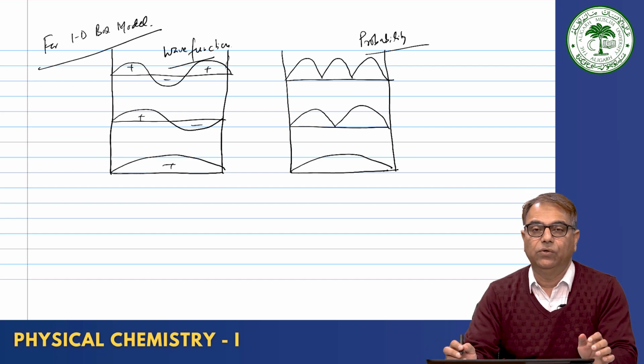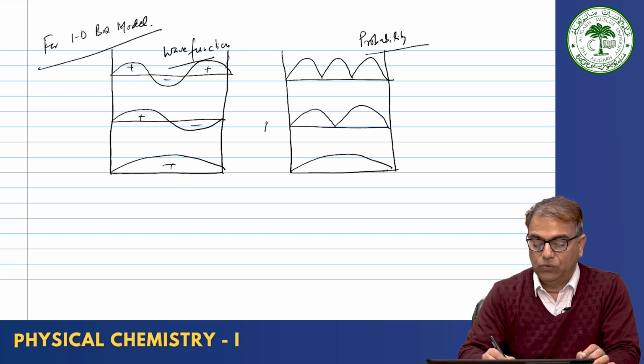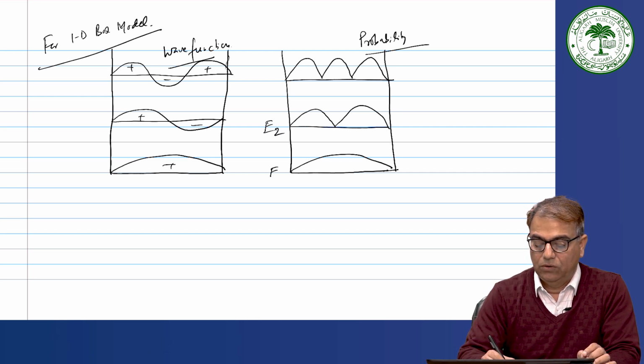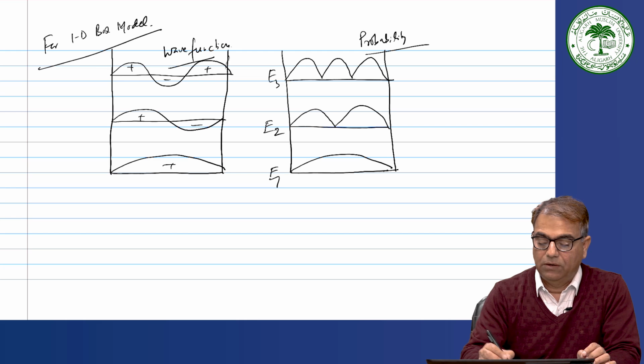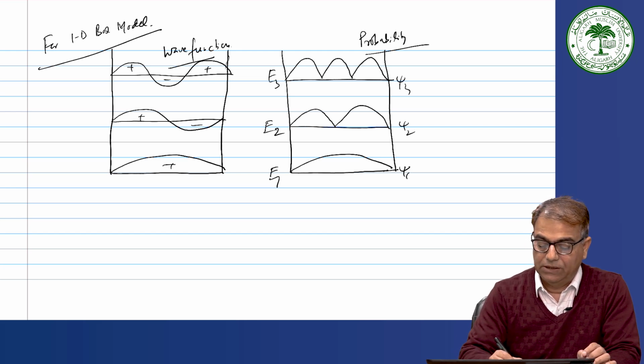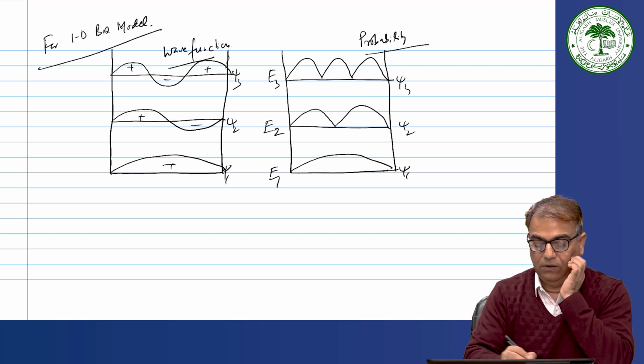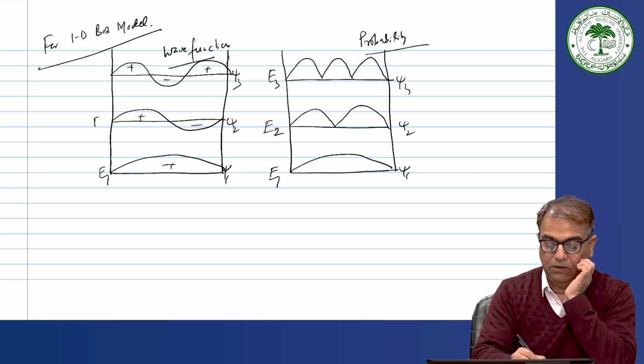And what does this tell you? This tells you that if you have a one dimensional box in which the particle is moving, and if you place a particle with an energy equal to E1, E2, E3, psi 1, psi 2, psi 3, again E1, E2 and E3.